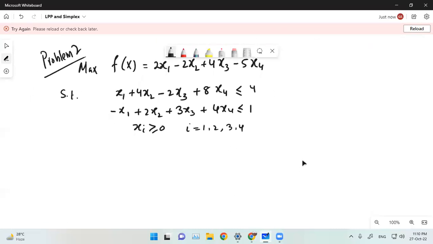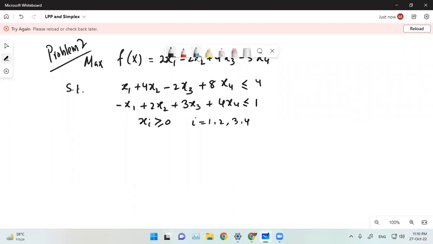So the first thing we should look for is what n is. Our n is the number of variables, and m is the number of constraint equations. So n is 4.